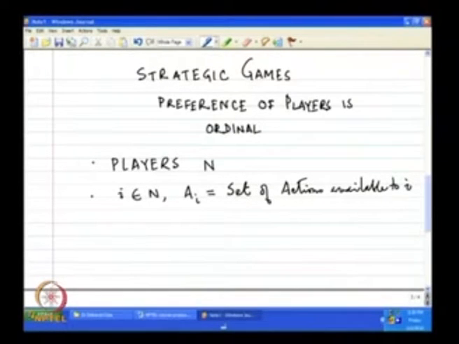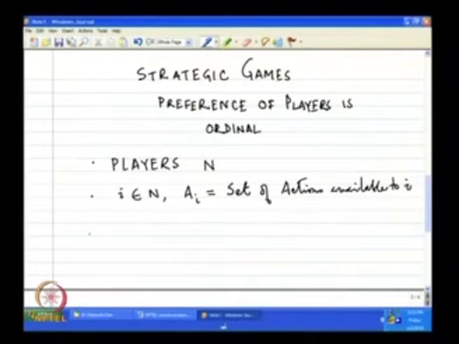So, A1, A2, dot dot dot, An, n sets will be there, each will have some elements, and it is not necessary that the number of actions available to a particular player is the same as the number of actions available to another player.